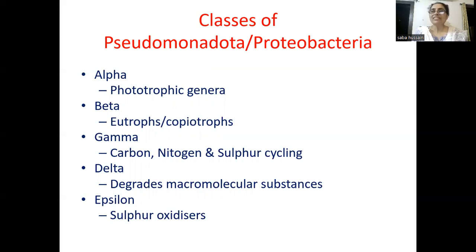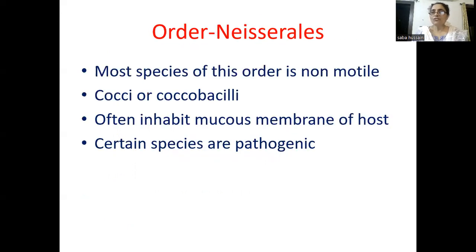Eutrophs means nutrient-rich environment. They survive in nutrient-rich environment. So the genus Neisseria, which we are going to discuss, belongs to this beta group. Then gamma has carbon, nitrogen, sulfur dependent bacteria. Delta has the bacteria which degrade and grow on macromolecular substances, while epsilon is a sulfur oxidizer. So this is how they take up their nutrients.